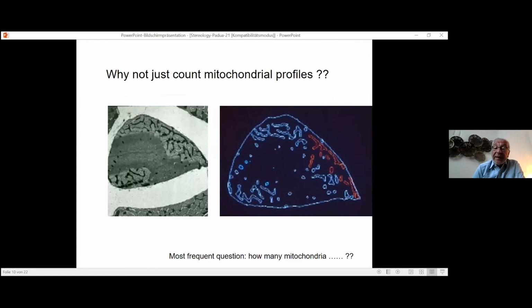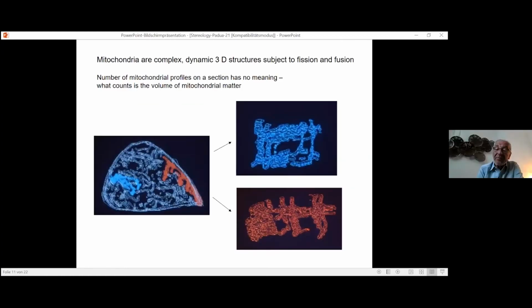Well, that's a question that I often get. Why do we not just count mitochondrial profiles? You know, you can go 1, 2, 3, 4, 5, 6. These are a little bit bigger, but on average, you could just go and count. Why can't you just do that? You can't do it, and that's from a serial section, because mitochondria in muscle, and this is one mitochondrion, the blue one here, and this is the red mitochondrion over here.